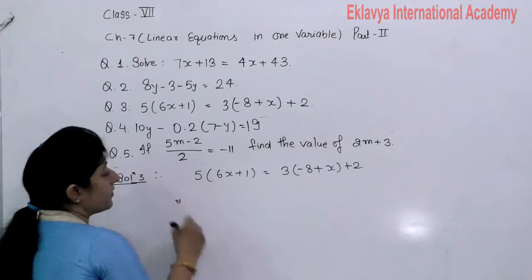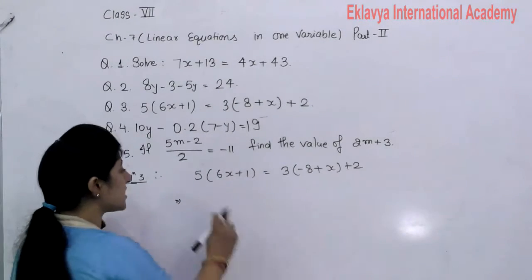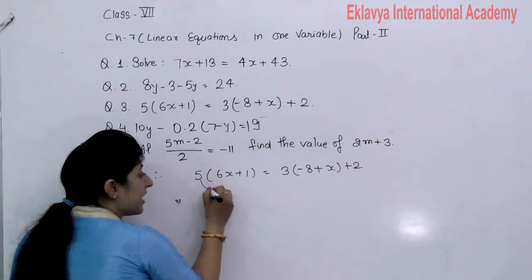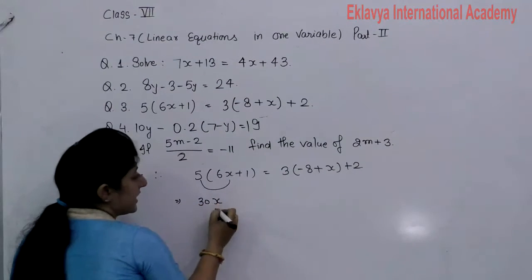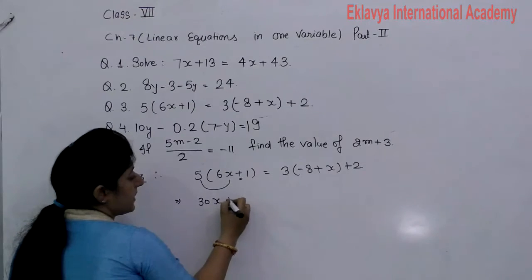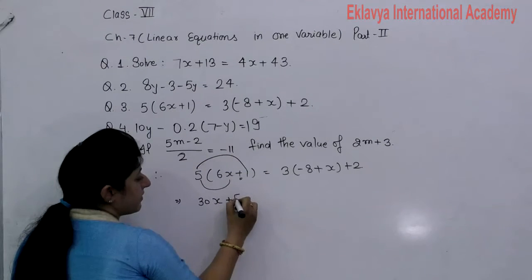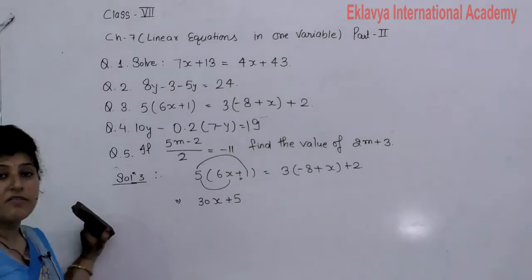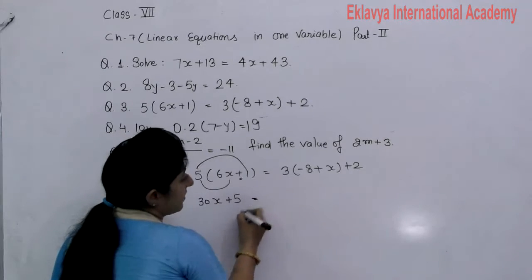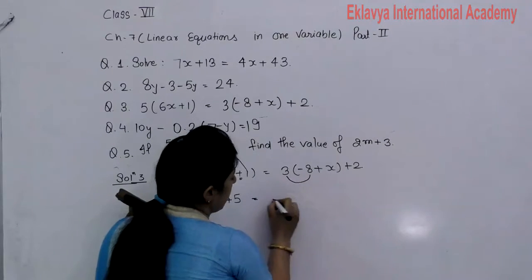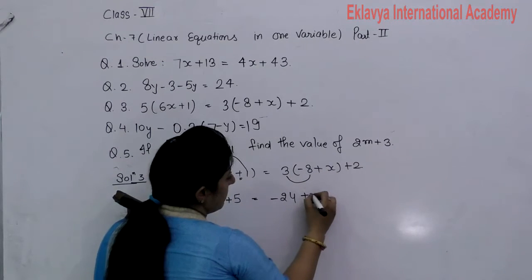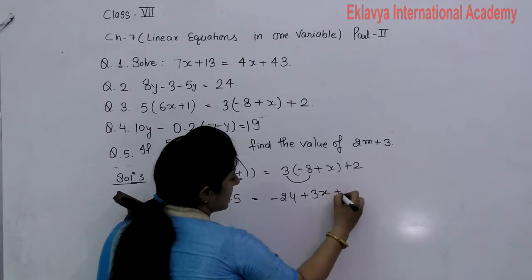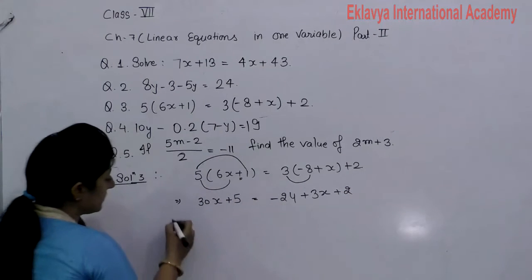For removing the grouping symbol, we will just multiply. 5 firstly multiplied by 6x, then 5 sixes are 30x. Then this sign is plus, then 5 multiplied by 1, that is 5 ones are 5, is equal to, similarly here 3 multiplied by minus 8 is minus 24, 3 multiplied by plus x, 3x, plus 2.